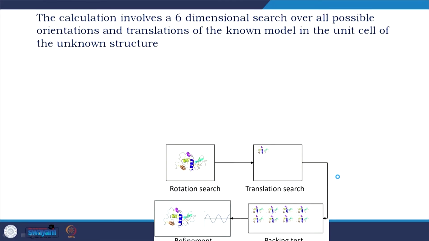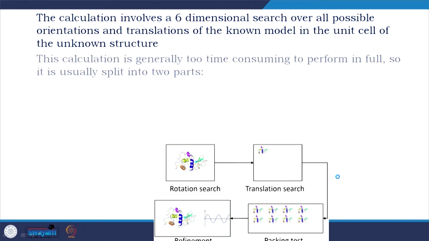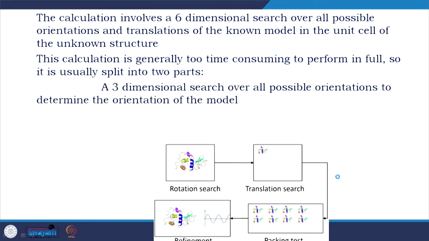So, the calculation involves a 6-dimensional search over all possible orientations and translations of the known model in the unit cell of the unknown structure. As this calculation is generally too time consuming to perform in full, usually it is divided into 2 parts. The first one, a 3-dimensional search over all possible orientations to determine the orientation of the model.